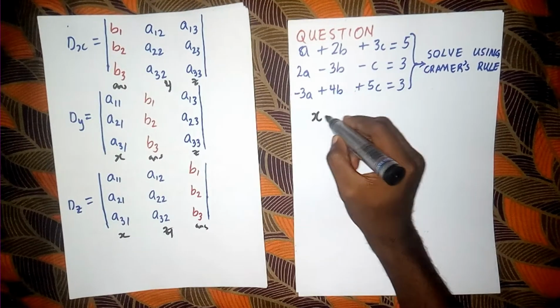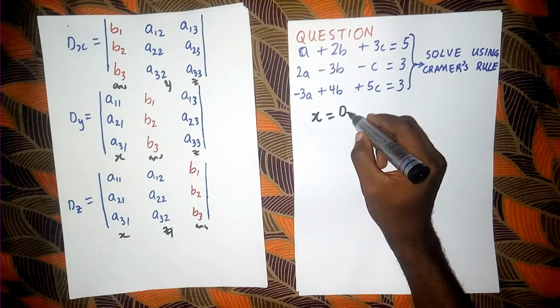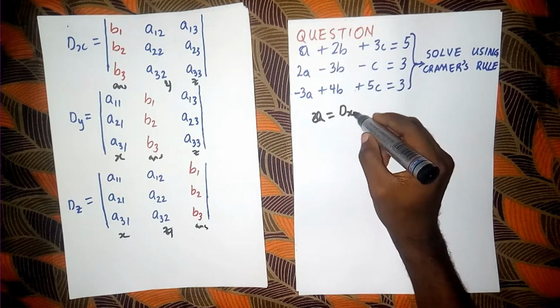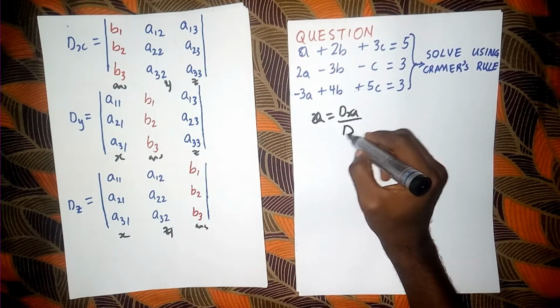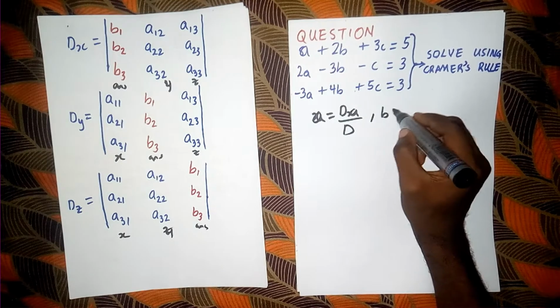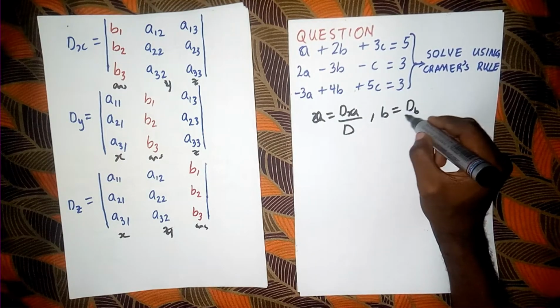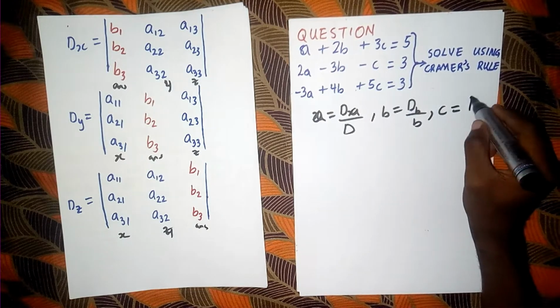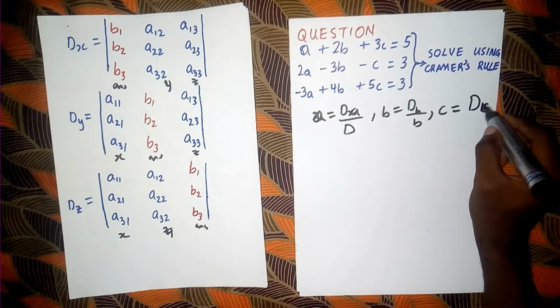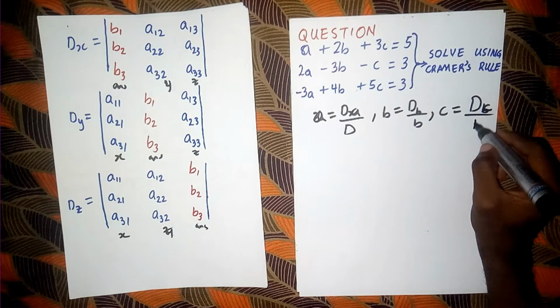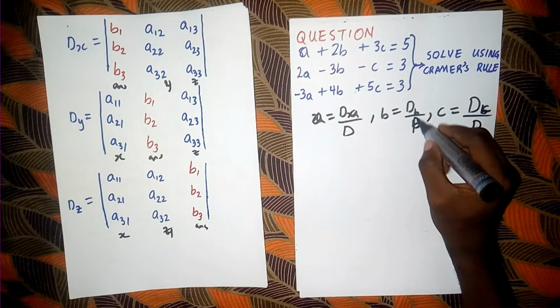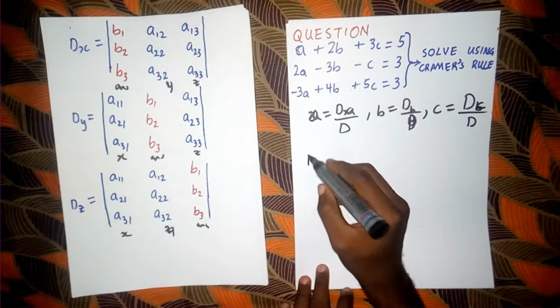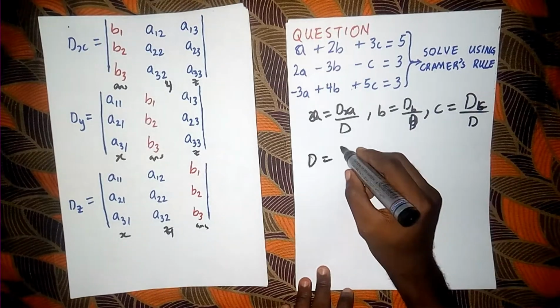Remember our a which we are looking for is going to be dA over d. Our b is going to be dB over d, and our c is going to be dC over d. Now you say d is a determinant of what?